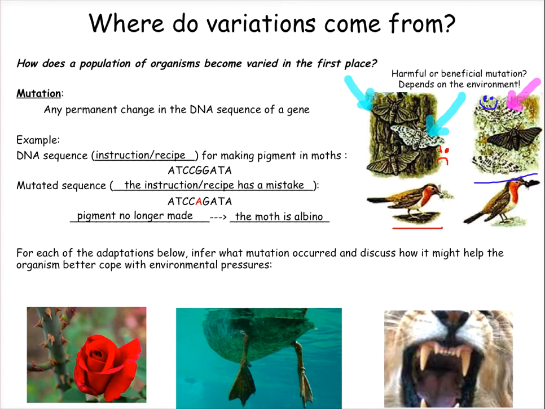And then I want you to also write down, next to each picture, why that variation was actually an adaptation that allowed that organism to survive and to pass down its variation to future generations. Now, please note, I will check tomorrow to see that you've thought about these examples and that you've written down some suggestions.